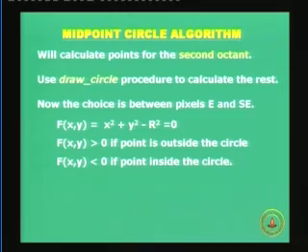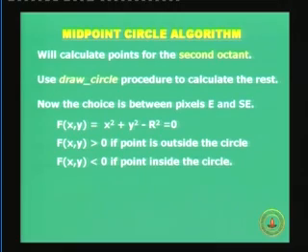So, assume you have a circle and the circumference of the circle, and when you choose points on the circumference and substitute into the implicit equation f(x, y) = 0, which for a circle is x² + y² − r² = 0. If the point is exactly on the circle, the value of x² + y² will be equal to r², which is very natural, and the value of f(x, y) will be equal to 0.